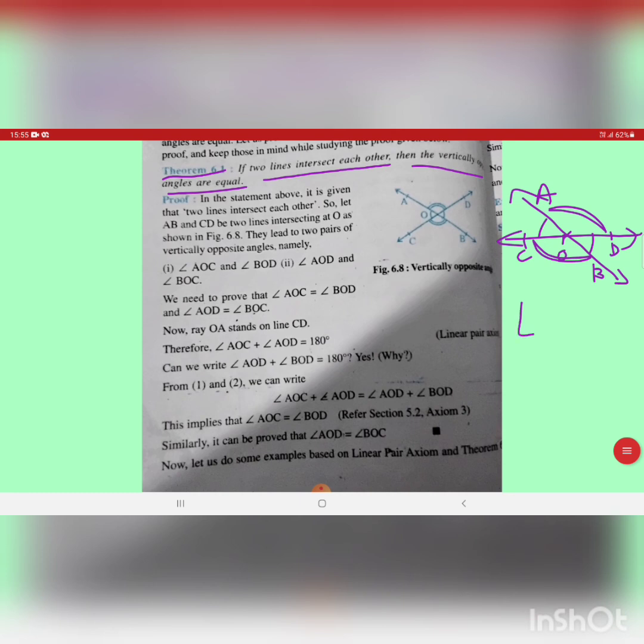That is, angle AOD is equal to angle BOC, and we have to prove angle AOC equal to angle BOD. Both the pairs are of equal measurement. Okay, so let us prove that first.